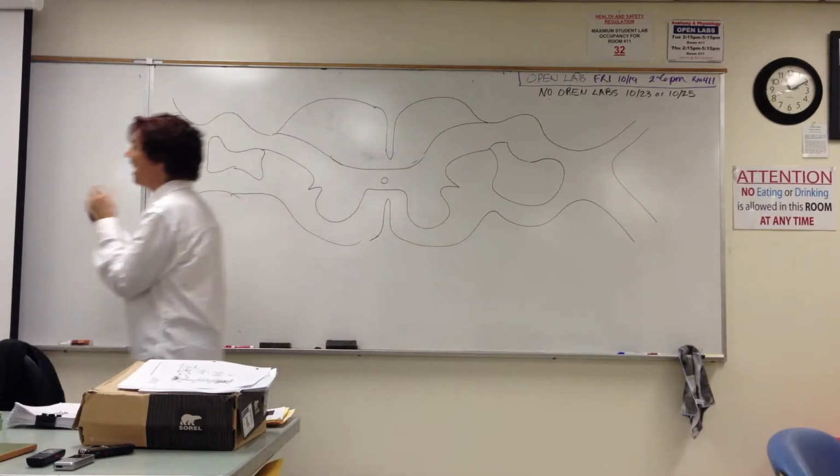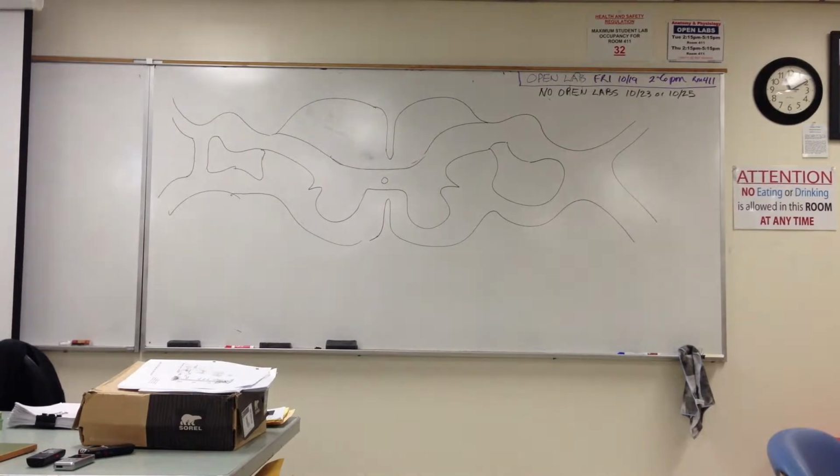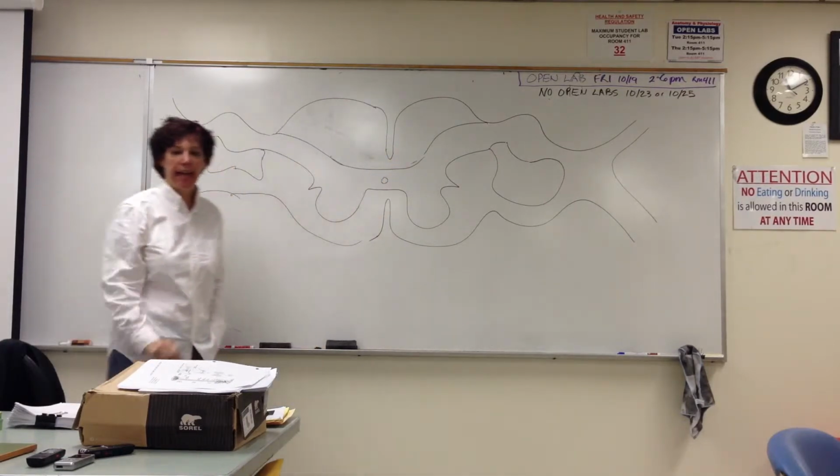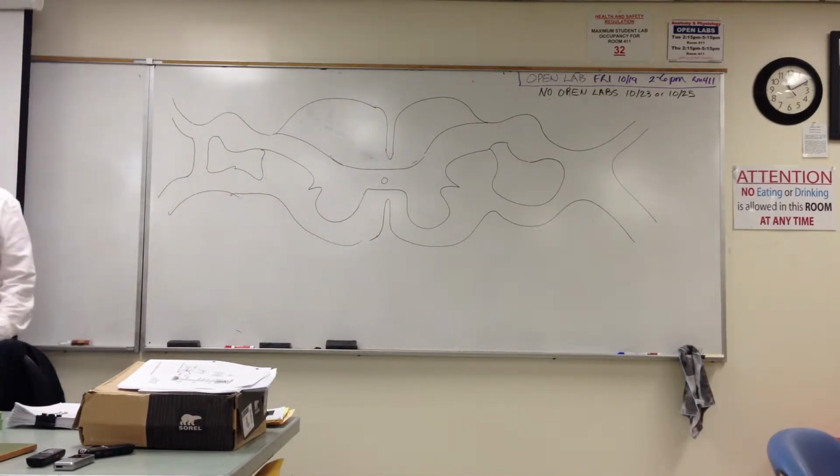It kind of has a resemblance to what you're seeing right here. Okay? So this H in the middle of the diagram is called gray matter.